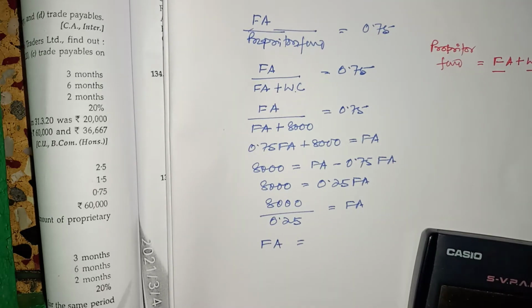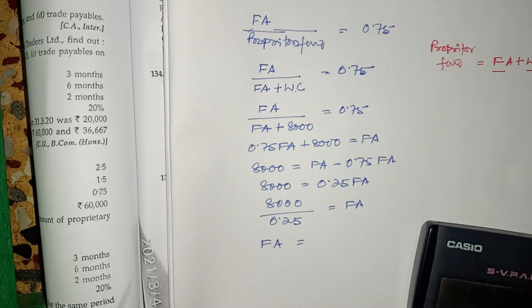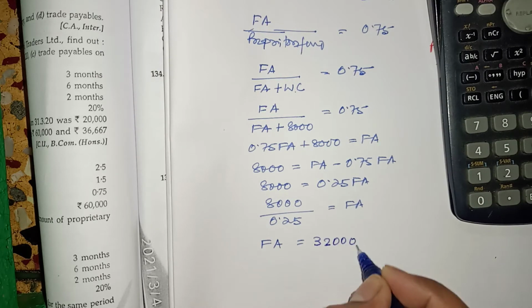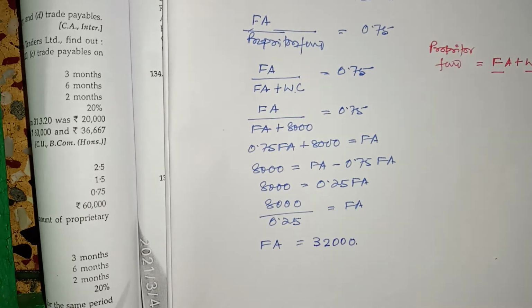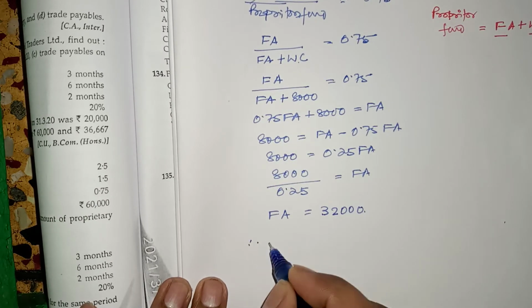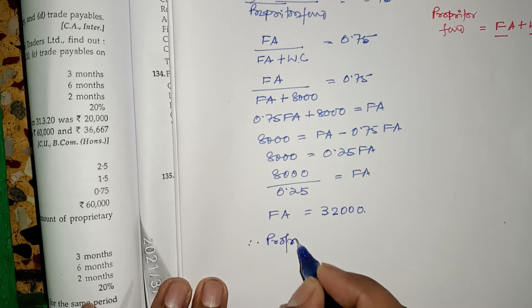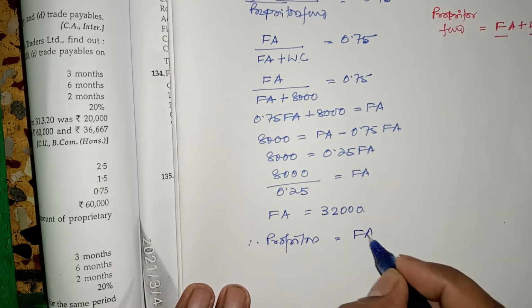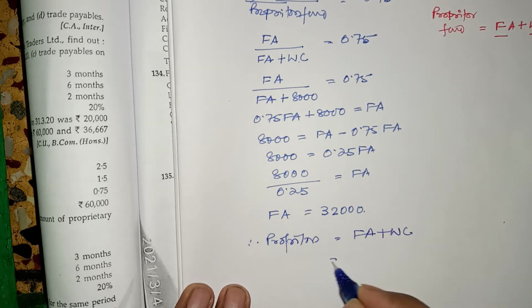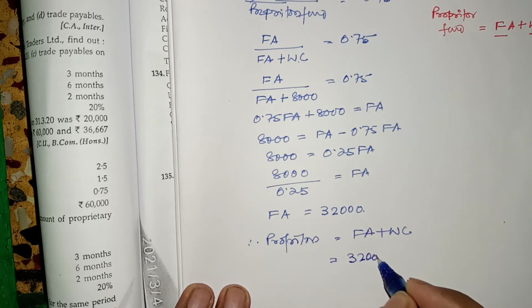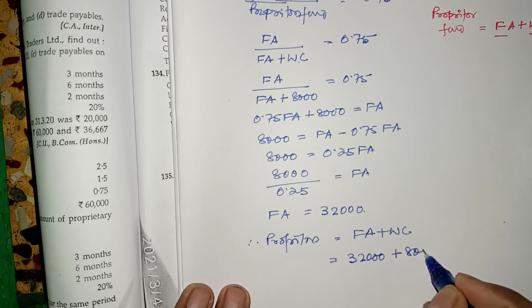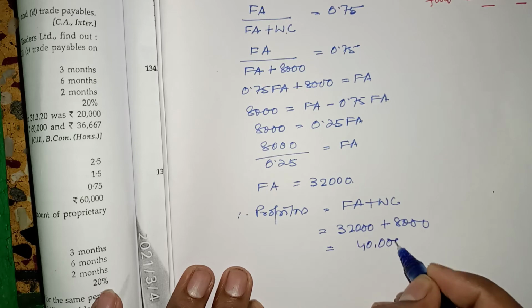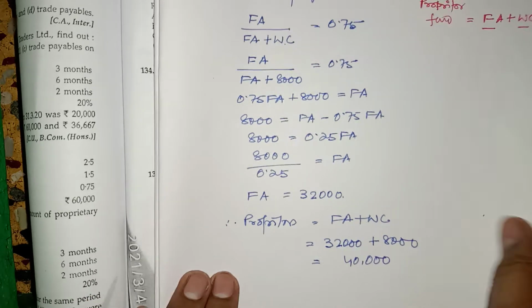The fixed assets value is 32,000. So the proprietors fund we can also easily extract from this formula: proprietors fund is equal to fixed assets plus working capital. So the fixed assets are 32,000 and the working capital is 8,000. So as a result, our proprietors fund is 40,000.